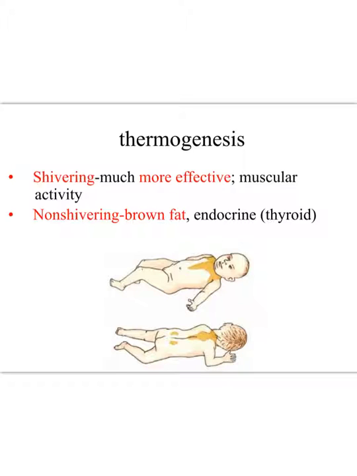Babies can't shiver, and so the brown fat is really the only way they can generate heat. This is why infants are so susceptible to the effects of cold. When an infant's born, they cannot thermoregulate any better than a snake. That's why you'll see people really rushing to bundle them up and put the hats and blankets on them.